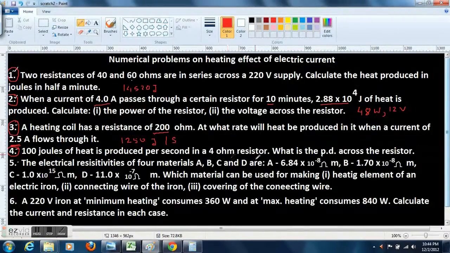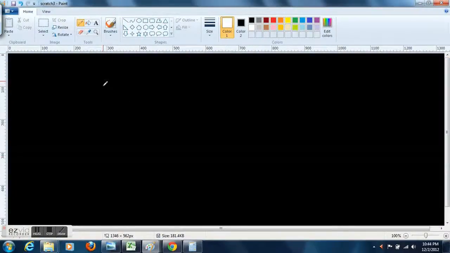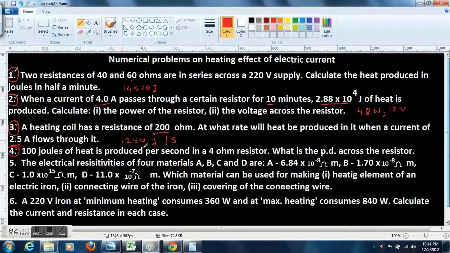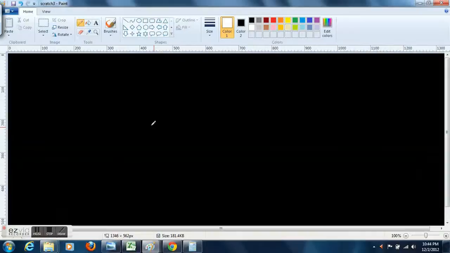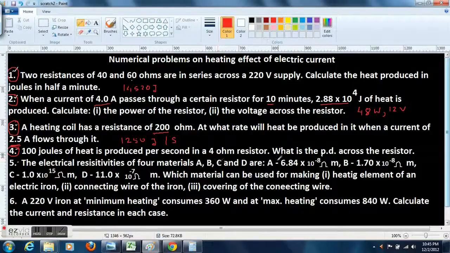If 100 joules of heat is produced per second, which means the power is 100 watt, because amount of heat produced in 1 second is power.